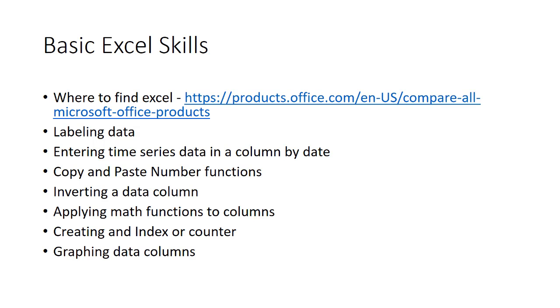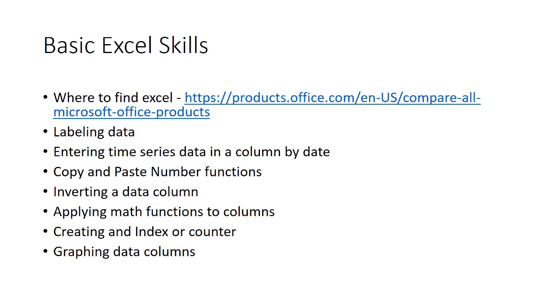And what we're going to talk about is how to label data in Excel, how to enter time series data. And the time series data we're going to be focused on entering in a column is your firm's revenue, your company's revenue. And we're going to learn how to copy and paste functions relative to numbers. And that is convert numbers via functional cell copies.